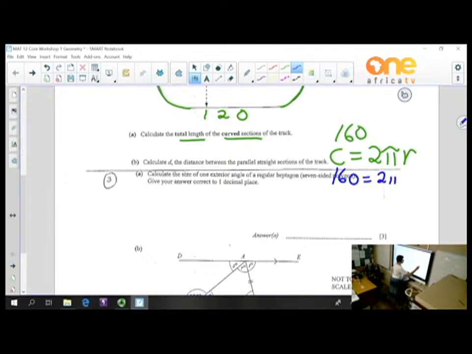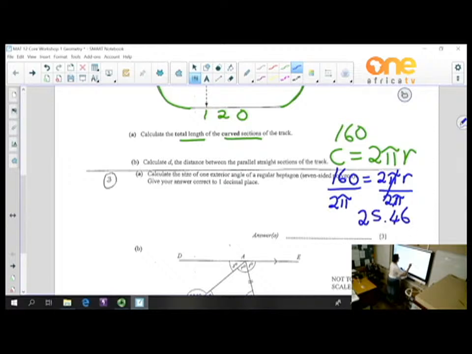So to have r alone here, we will divide by 2 pi. And you divide by 2 pi here. So on your calculator, let's press 160 divide by brackets 2 times shift pi there at the bottom of your calculator, close, is equal to, and now I have 25.46.